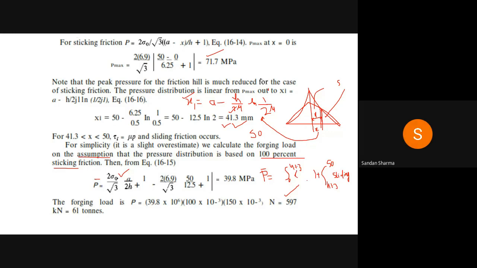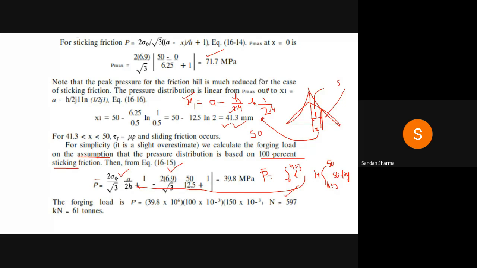Yes, sir. So this is the equation you have to put. And if you are assuming, let's say it is 41.7, consider 100% distribution using sticking friction condition, then you can directly calculate using this.